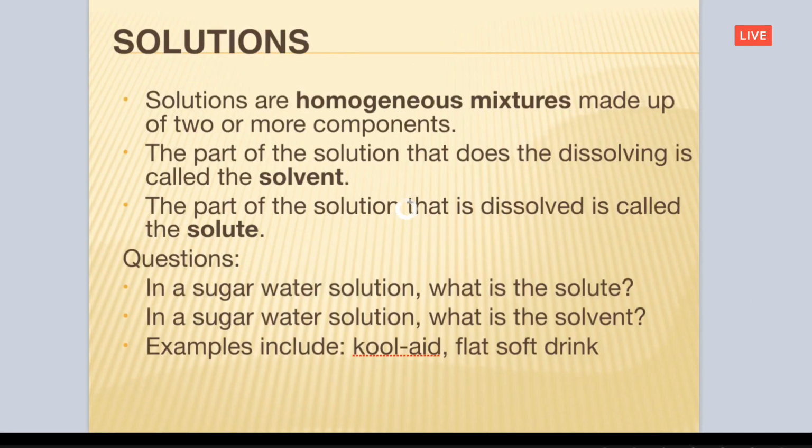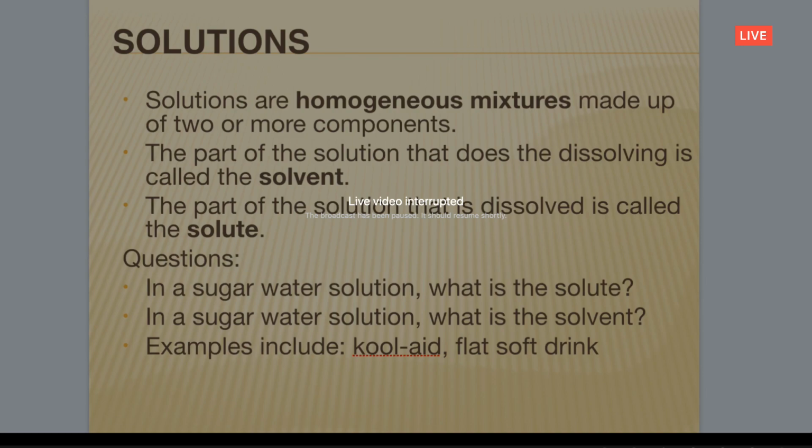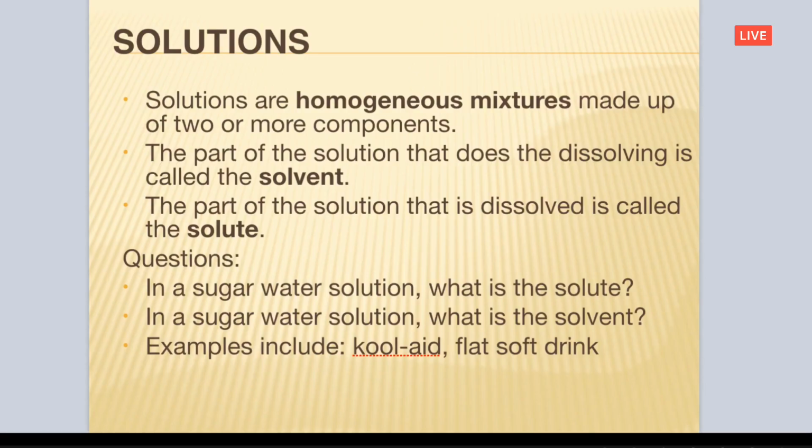And in the case of salt in water, what do you think the solute is?